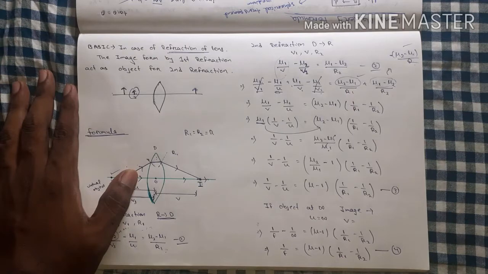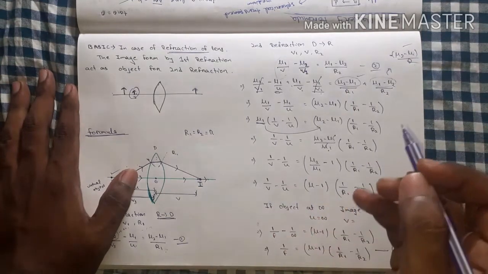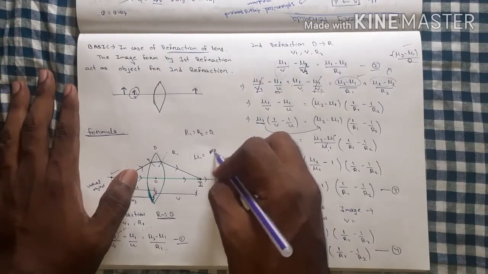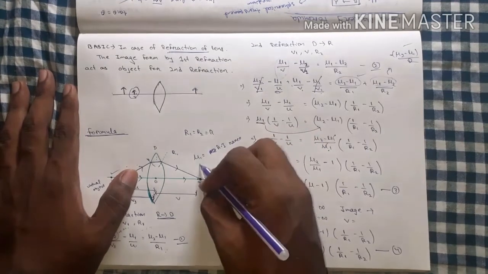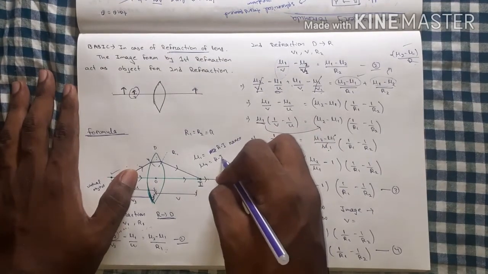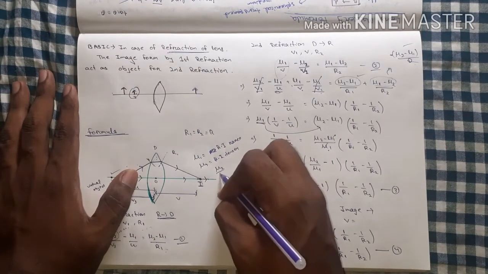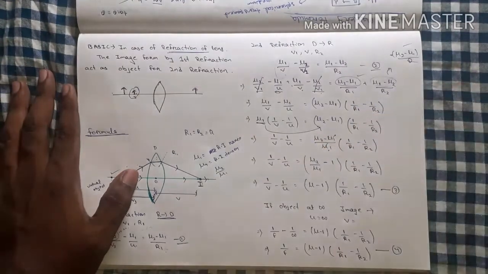Then here will be the condition. In the previous class I studied that mu1 is the refractive index of the rarer medium. Mu2 is the refractive index of the denser medium. Mu2 by mu1 means refractive index of denser by refractive index of rarer.